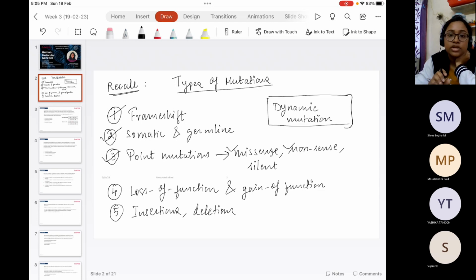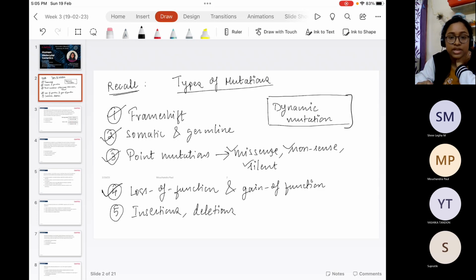It has become shorter than the normal sequence. Or the point mutation substitutes a base pair such that the amino acid remains the same. Codons are degenerate in nature, so because of that we see silent mutation.